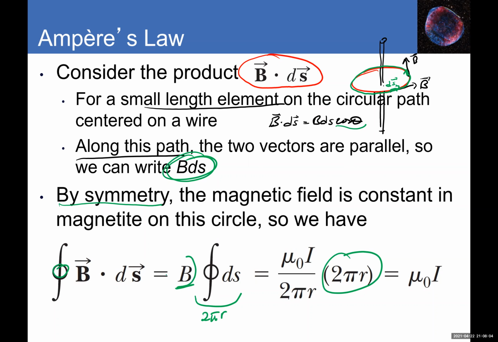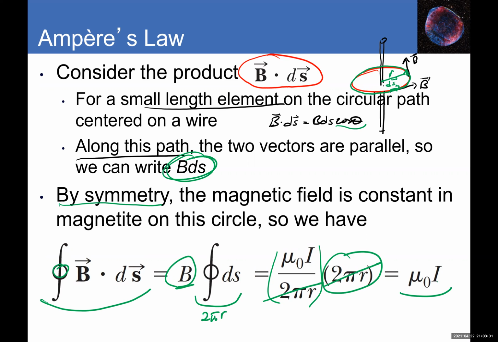Now, we know the magnetic field due to a straight current carrying wire is equal to mu naught I over 2 pi r, with r being the radius of that circle. When you multiply those two together, the 2 pi r cancel out. That means this integral of B dot ds is equal to mu naught times the current.